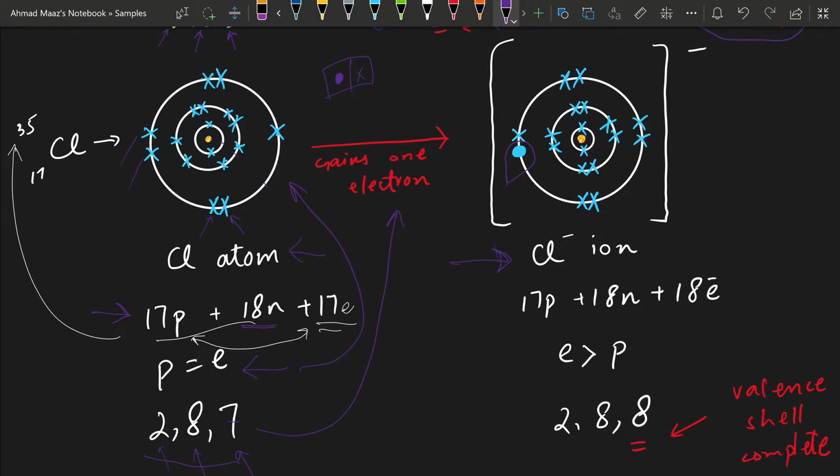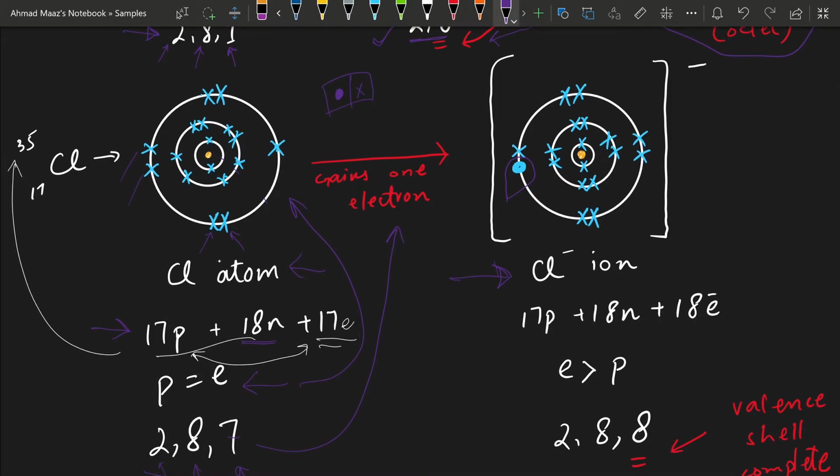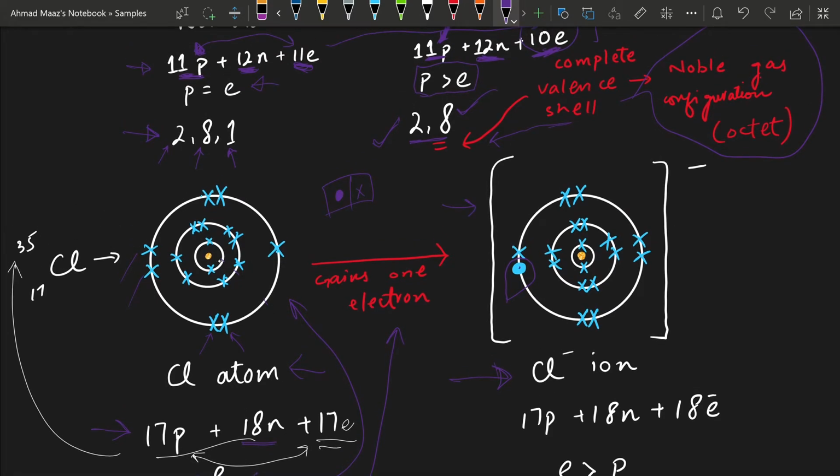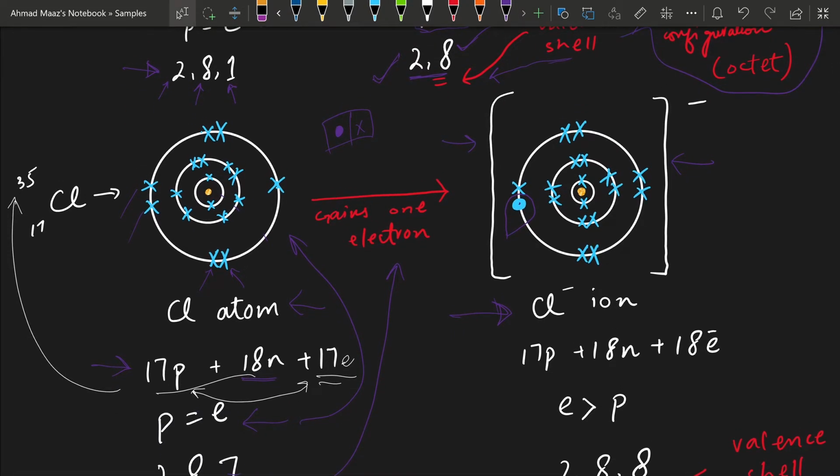Now, this is drawn by a dot just to represent that this is the external electron that came into chlorine atom. Because this additional electron is added, chlorine will add these two brackets and will add this negative sign, which shows that one electron is gained, which shows that there is an additional negative charge.